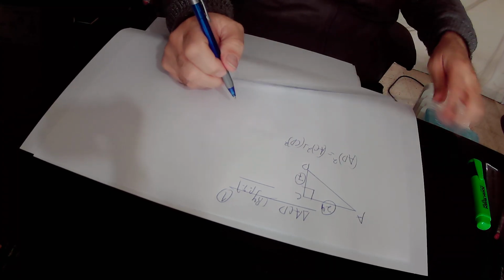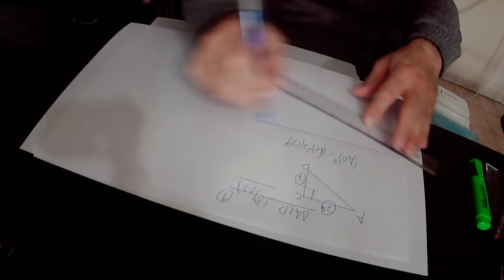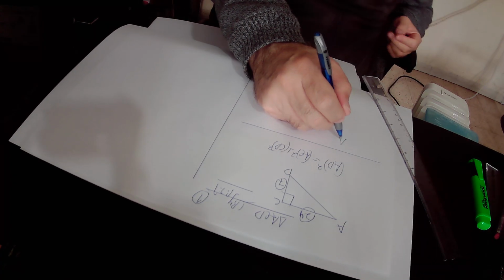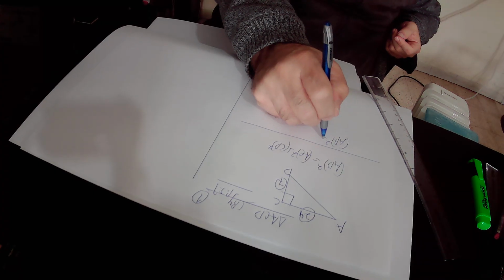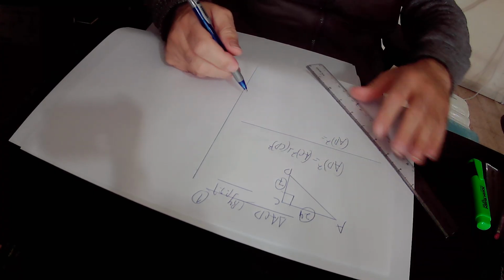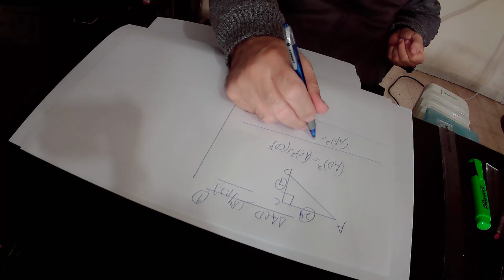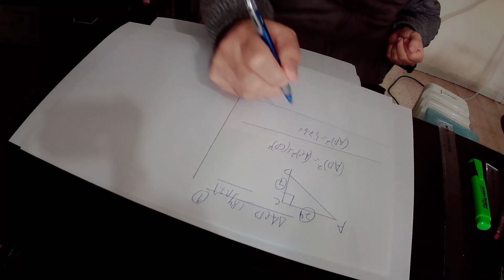Okay, so AD square equals AC square. AC is 24, therefore AC square is 24 squared, that is 576, plus CD square.